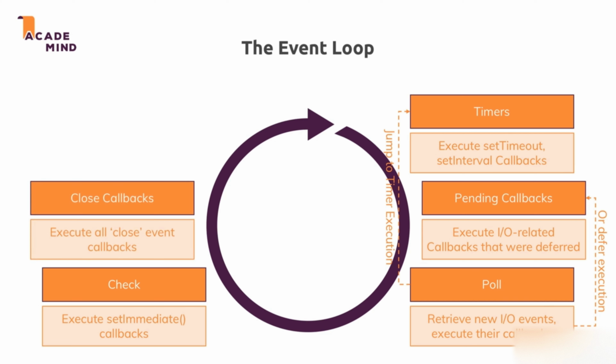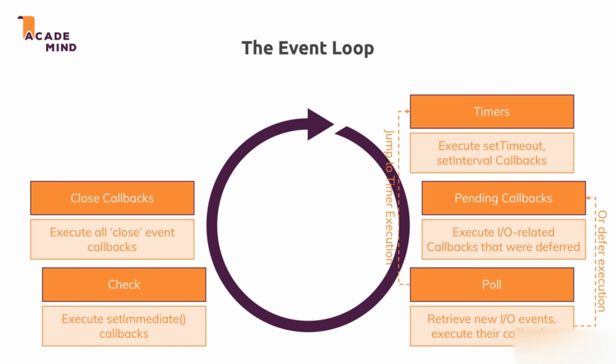So if you registered any close events, and in our code we haven't, but if you had any close events, this would be the point of time where Node.js executes their appropriate callbacks. So roughly spoken, we have timer callbacks, we then have any IO related callbacks and other event callbacks, and set immediate followed by close event callbacks.